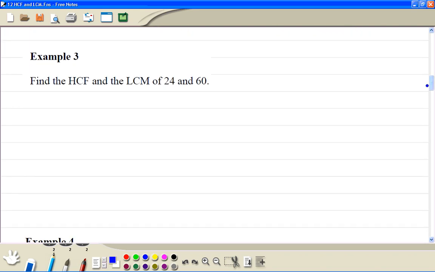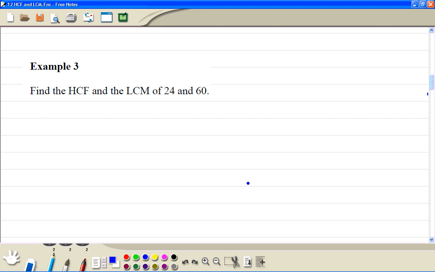Let's do example 3. Now in example 3 we have to find both. Now we can use a new method, it's called the 2 in 1 method.